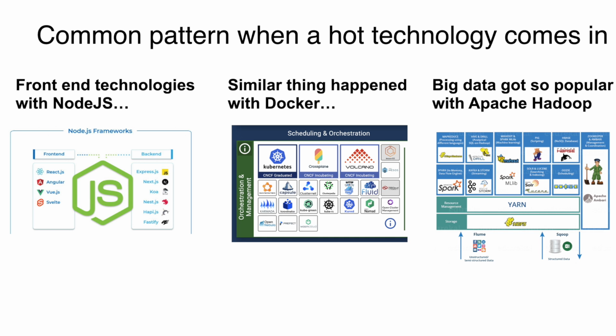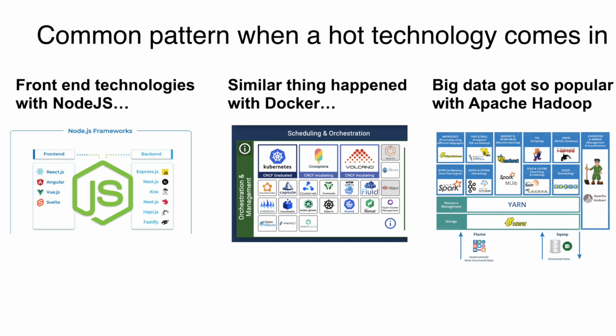The company behind this MCP protocol is Anthropic, which is the company that built the Claude Sonnet model. This type of development pattern is common in the open source software world. When a new hot technology comes in, every major company rushes in to contribute something that complements or patches the technology.